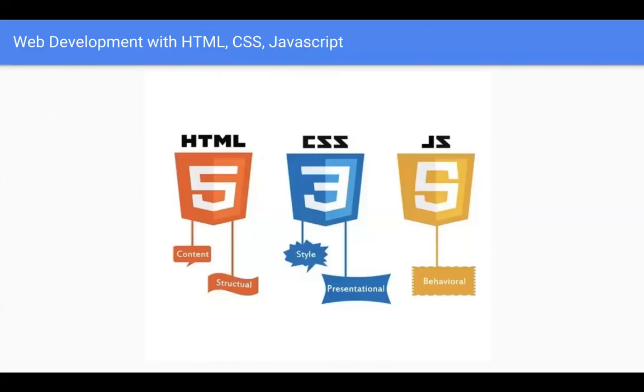So HTML kind of builds the content and structure of a website. CSS is what we use to style everything that you see on a web application, on a website. And then JavaScript defines the behavior of a website. So when you click on a button, what does it do? What does the website do?